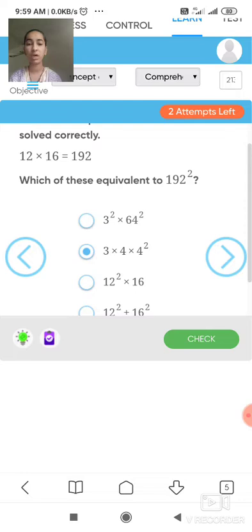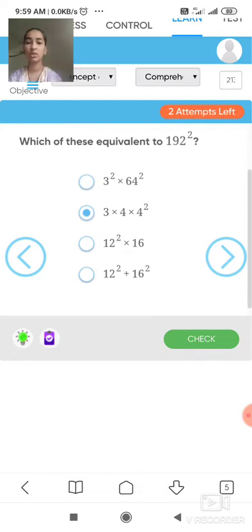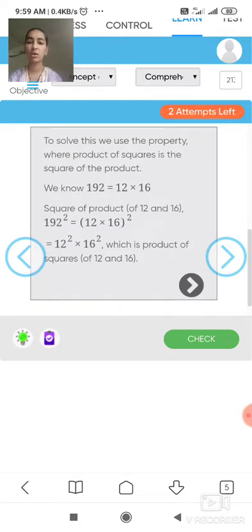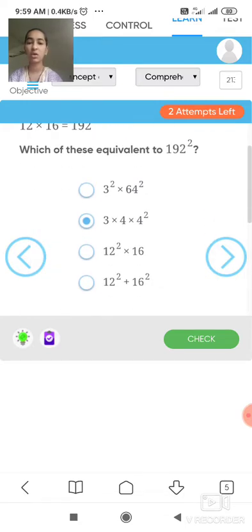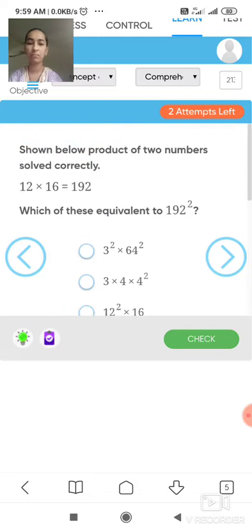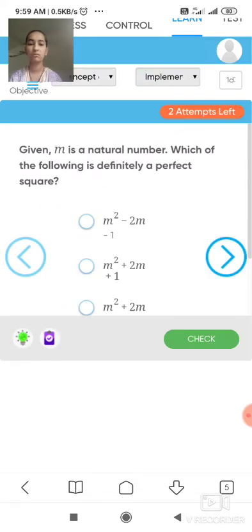We have to find 192 squared, so the correct option must be a different one. The answer will be 12 squared multiplied by 16 squared. This is our left hand side, but we have to find the right hand side, so the answer will be this one. You have to verify.